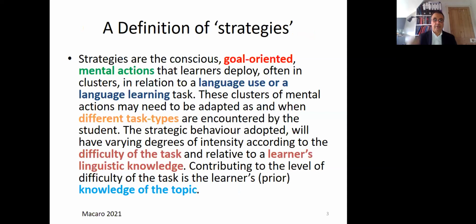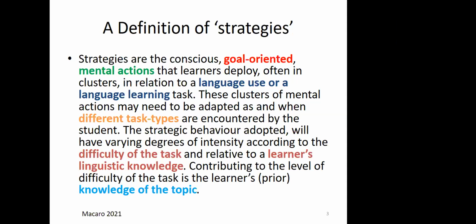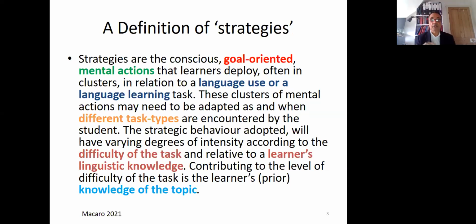So this is a definition of strategies, which I've been using now for some time. If you look at the bits which are in color, it's about them being conscious, goal-oriented, mental actions. That's quite important. The learners deploy them, often in clusters, in relation to a language use or a language learning task. These clusters of mental actions may need to be adapted as and when different task types are encountered.